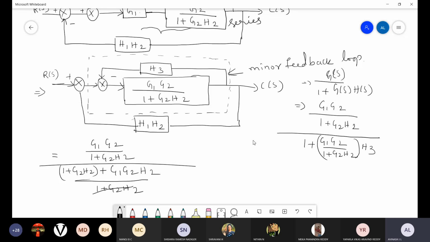Clear? The 1 plus G2H2 denominators cancel each other, and you will be left with G1 G2 divided by 1 plus G2 H2 plus G1 G2 H3. Hope that you will get this particular block, correct?